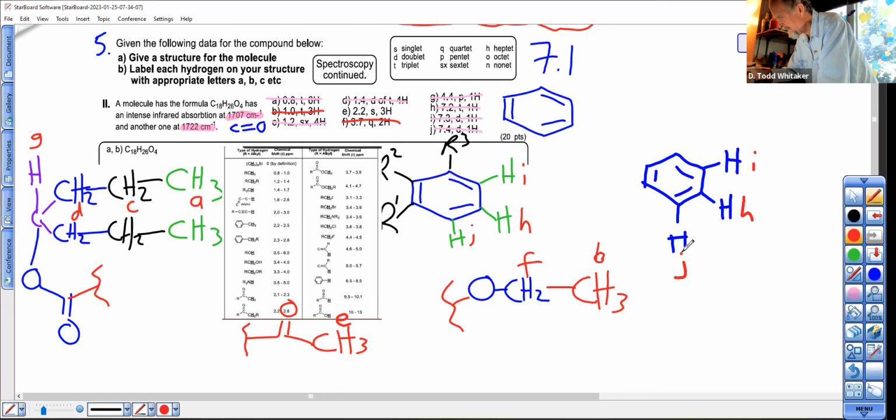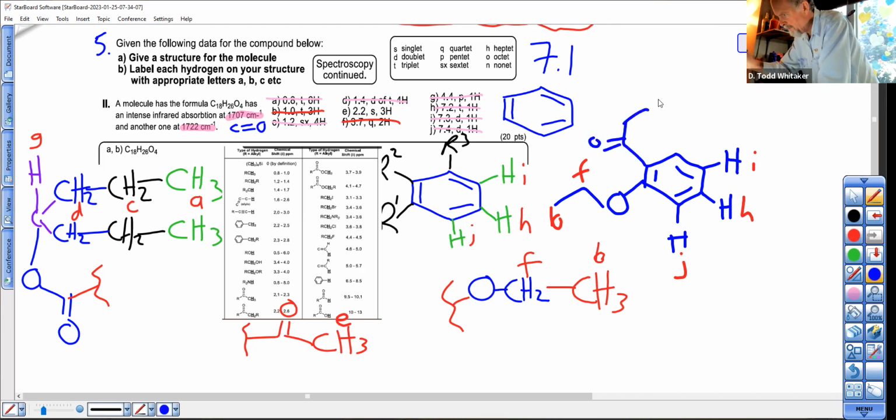And I said J should be near that ether. O, CH2, CH3. And you can do it like this with stick figures, F and B. Those labels are for the H's, right? And you pick one of the other 2 groups. I'll go the carbonyl that's on the far left of the screen. I better go this way with the carbonyl.